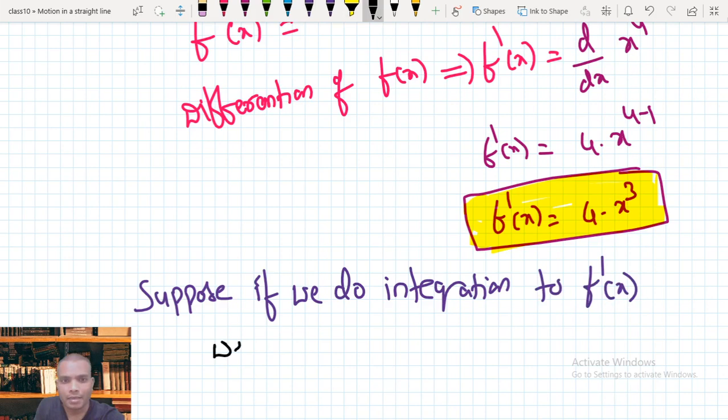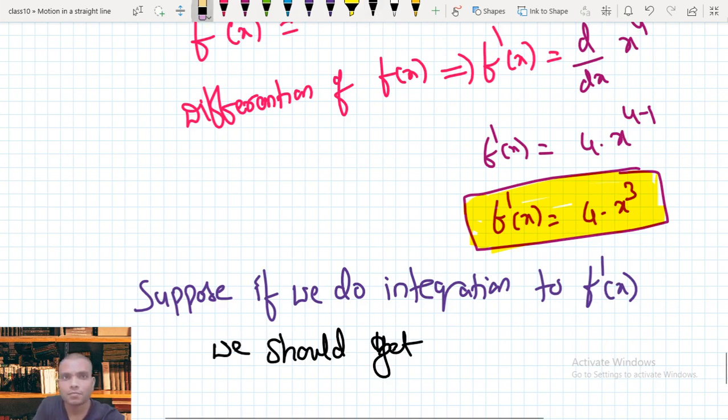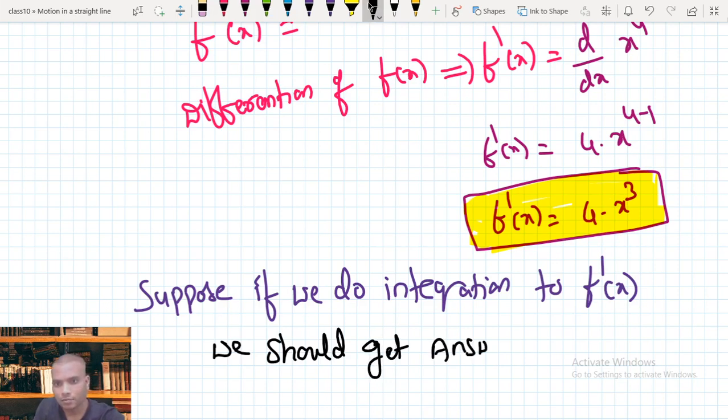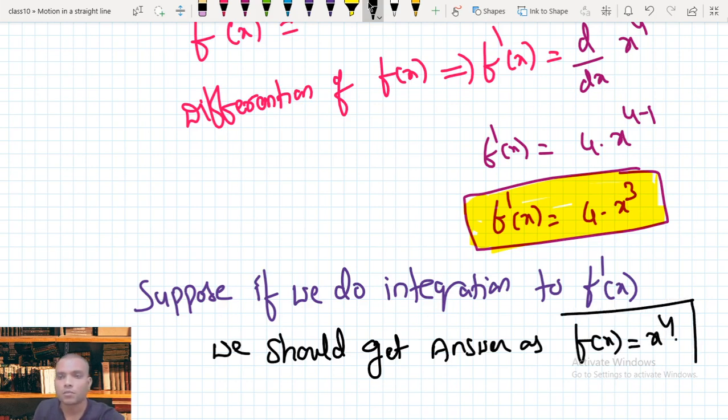We should get back the f of x function. The f of x function that I have taken is equal to x power 4. So this is the meaning of integration being a reverse operation to differentiation.